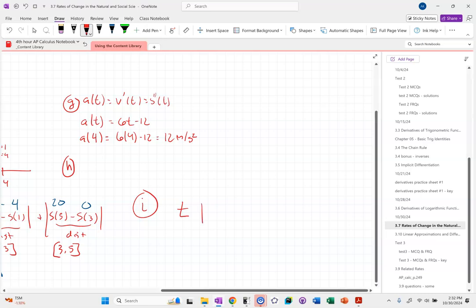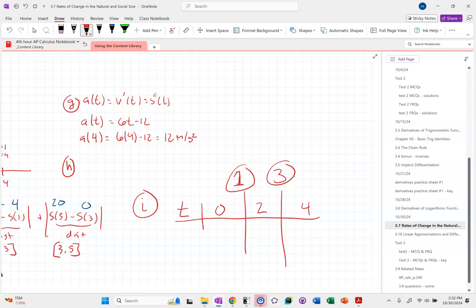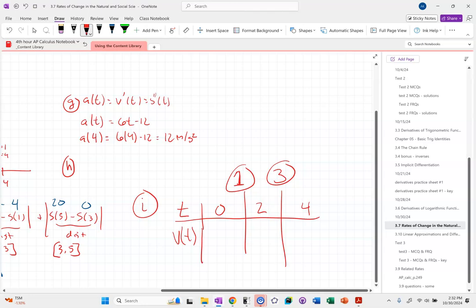So I'm going to pick T equals 0, 2, and 4 will be my test values. Because 1 and 3 are where I change direction, right? Everybody's okay there? Okay. So I'll get my values for V of t and A of t.